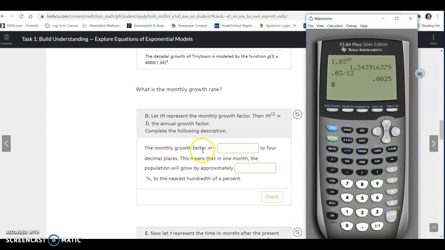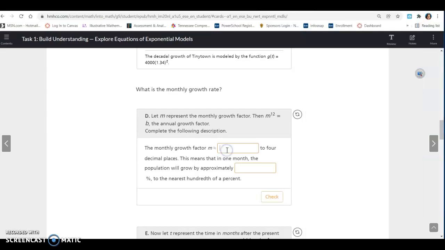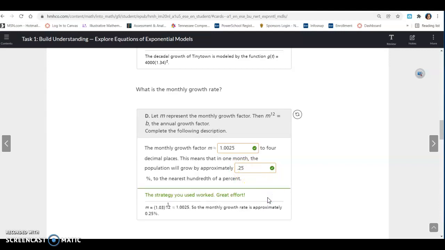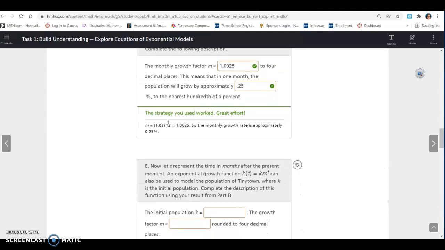So the monthly growth factor to 4 decimal places, now remember, we have to add that to 1, so it's going to be 1.0025. This means that in 1 month, the population will grow approximately blank percent. So it would be 0.25% to the nearest hundredth.